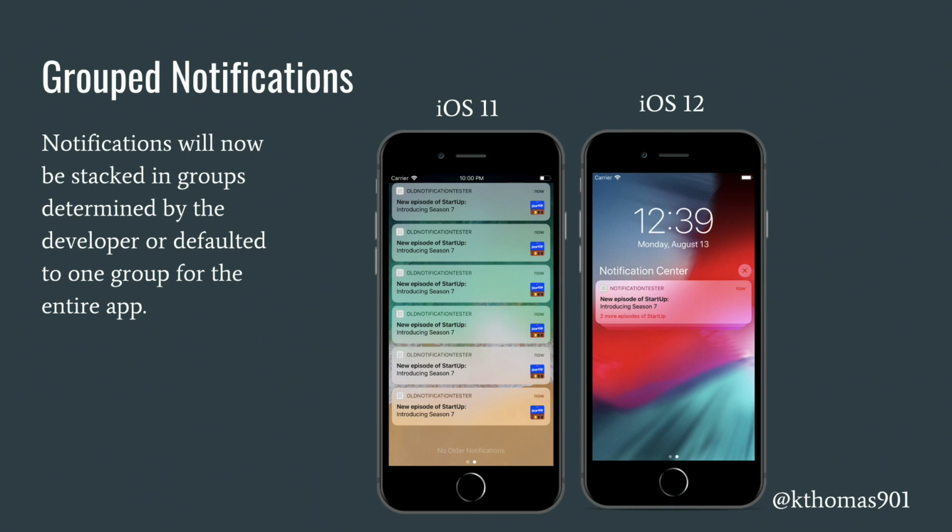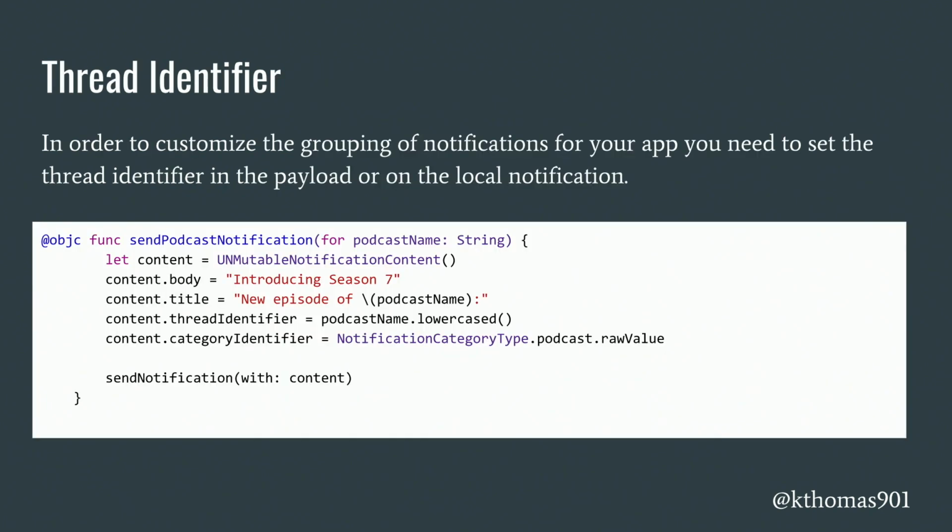So how do we actually customize these stacks? We use the thread identifier. I'm going to show you how to do it in the payload and the local notification. It's pretty simple. The thread identifier just needs to be a string that relates to all of the notifications you want stacked together. So for our demo app, we want all of the notifications for one particular podcast grouped together.